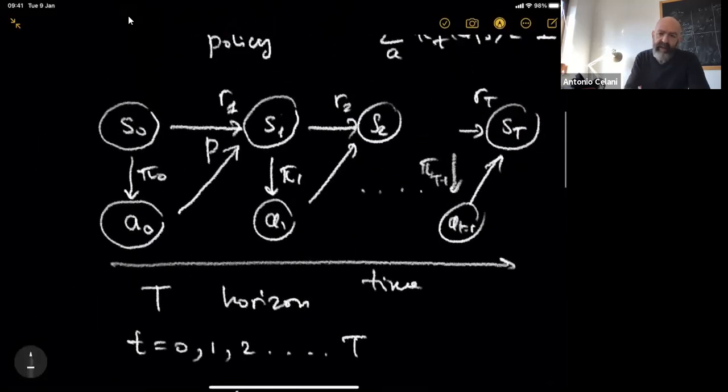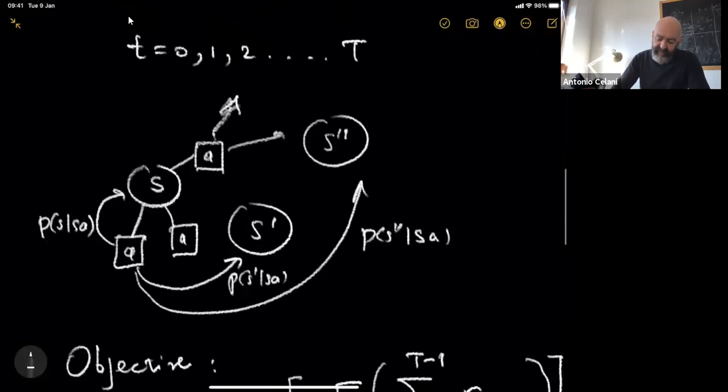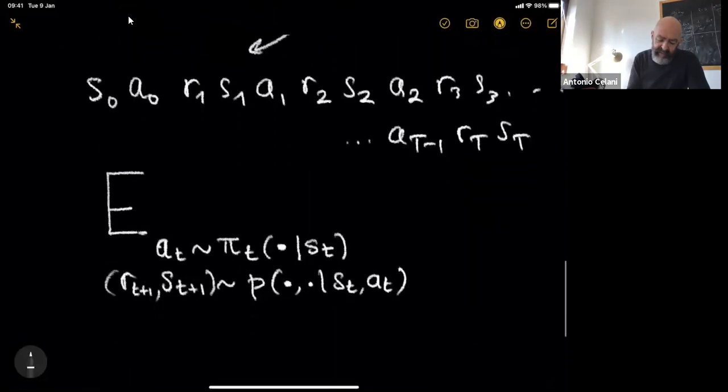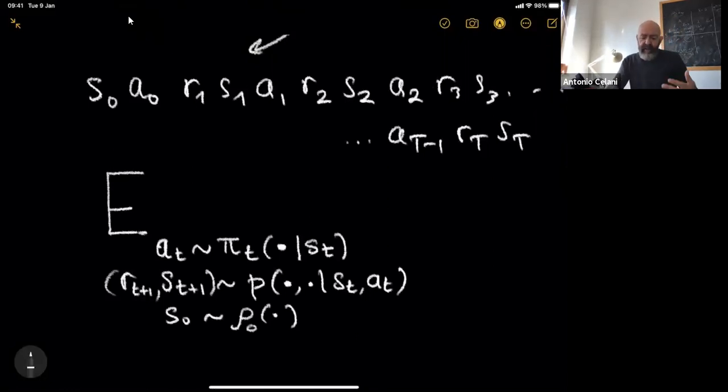This is the only orphan here. I have to prescribe some way to define it at the beginning. So finally, I have to define S0 according to some initial distribution, say we call it, for instance, rho 0 or something. So this describes the way you generate the process. You are given an initial distribution rho 0, you pick an S0, then look at your policy at time 0, pick an A0, and so on and so forth.